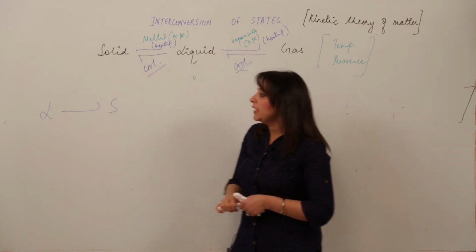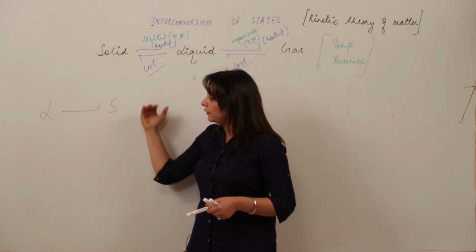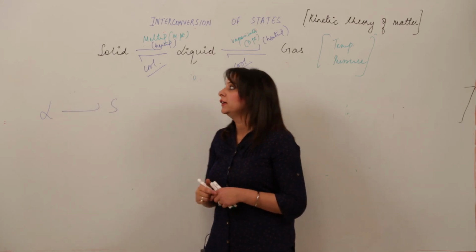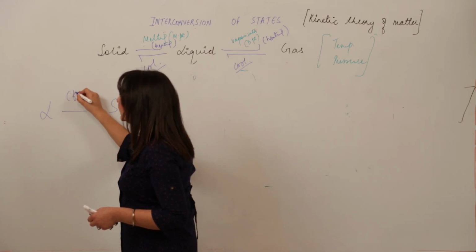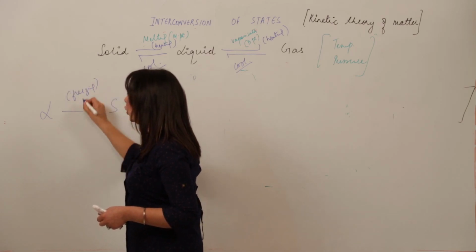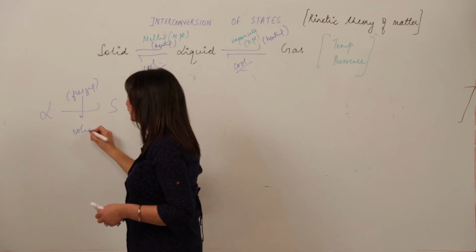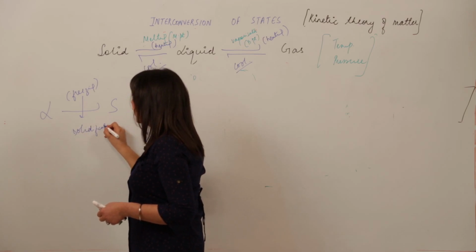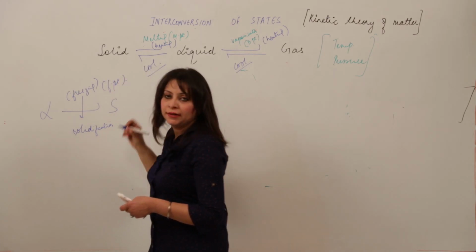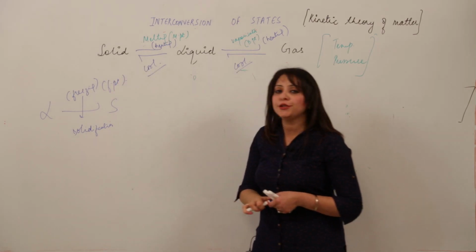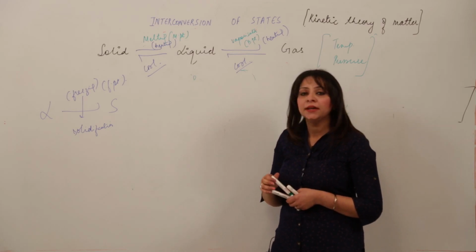So we are now taking an example of the reverse, that is liquid to solid. The conversion of liquid to solid is called freezing, also called solidification. The temperature at which liquid gets converted into solid is called the freezing point.